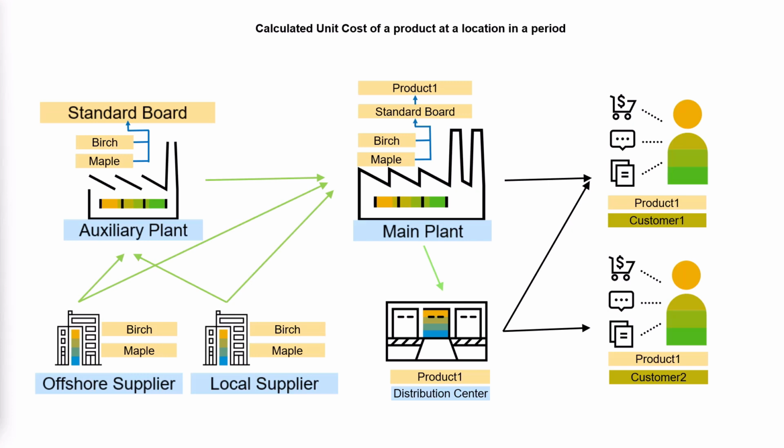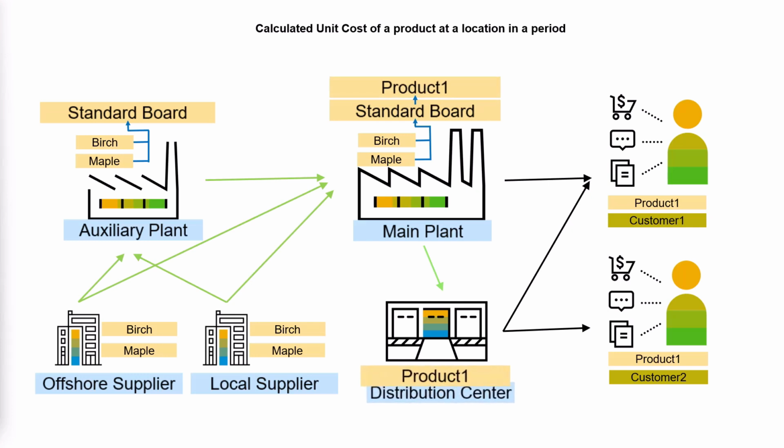Then it calculates the unit cost of the standard board at the main plant, combining the unit cost of boards produced there and boards sourced from the auxiliary plant, weighting the unit cost by the respective receipt quantities of the boards. Next, it calculates the unit cost of product 1 at the main plant and then at the distribution centre.